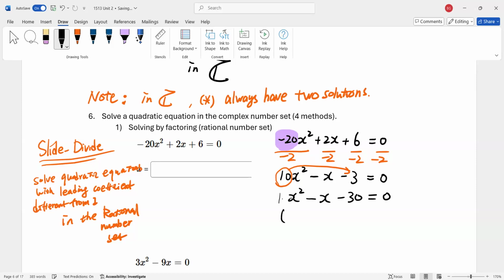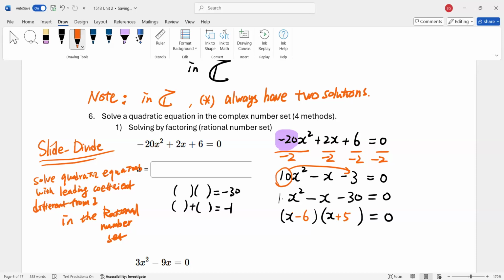Do you guys know how to factor it? Yeah, we are using the solving by factoring method. More specifically, slide divide still uses a factorization technique. So we need 2 numbers that multiply to -30 and add up to -1, right? And the 2 numbers are -6 and +5.